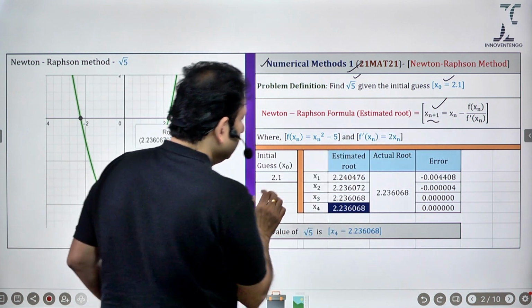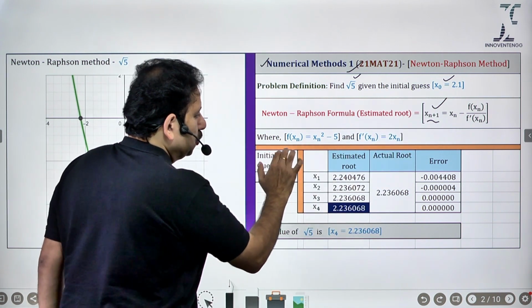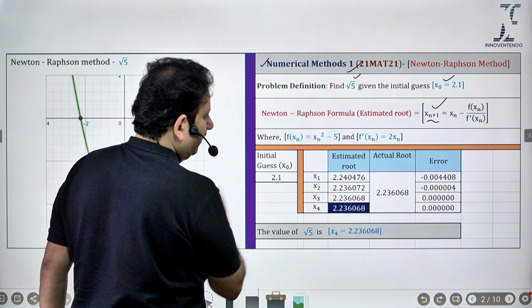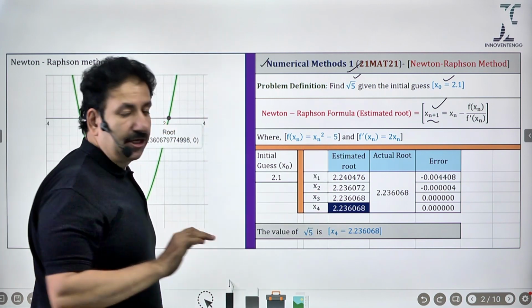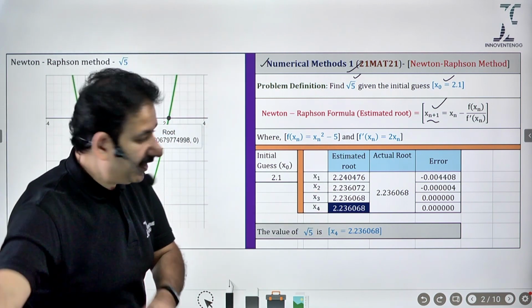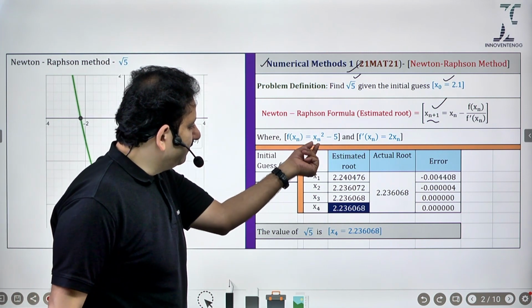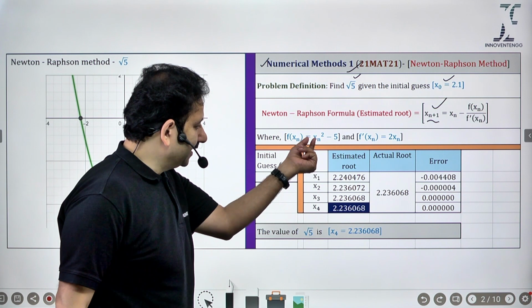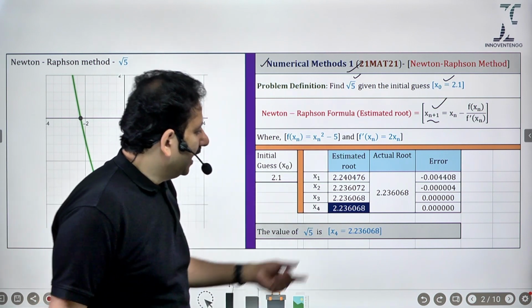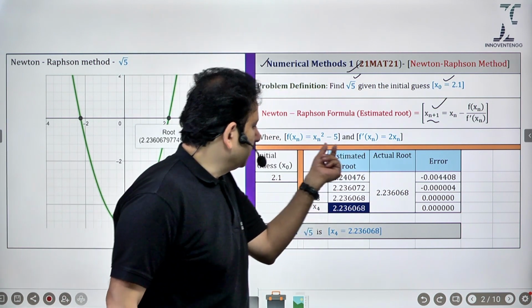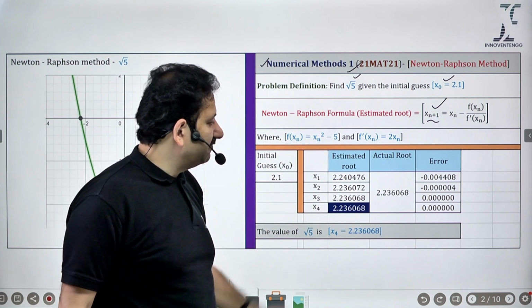Now, having understood, here we have calculated both these. That is the function which we derived previously, y is equal to x square minus 5, that's what is mentioned here. Because you are going to calculate at every iteration, that is at nth iteration, this is how you calculate. And f dash is nothing but, if you differentiate, you get 2x, because 5 is a constant.